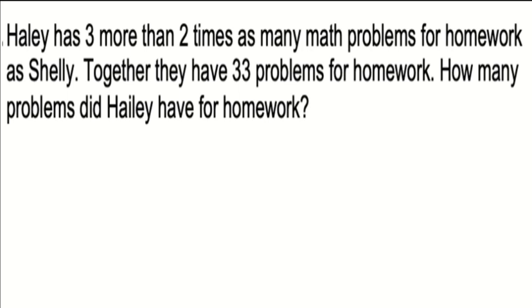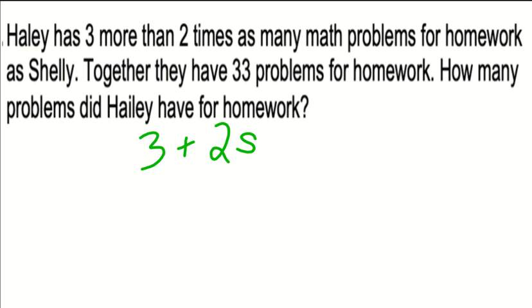All right, so I'll use S just because we'll use Shelly. Haley has 3 more than 2 times as many math problems as Shelly. So 3 more than 2 times the amount of Shelly. Okay? Together, they have 33.